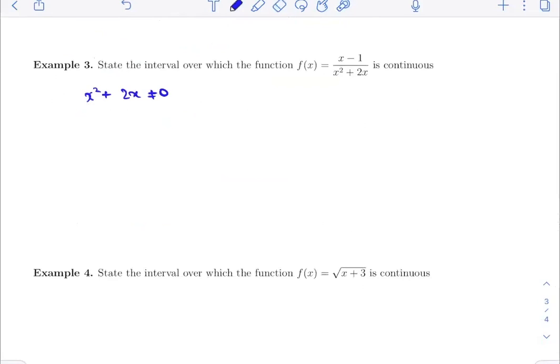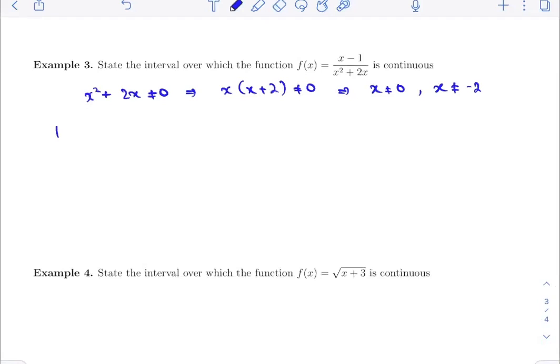You can see x is the common factor. So this implies that x times (x plus 2) has to be different from 0, or x different from 0 and x different from -2. So the function is defined on the entire real line except two values, -2 and 0.